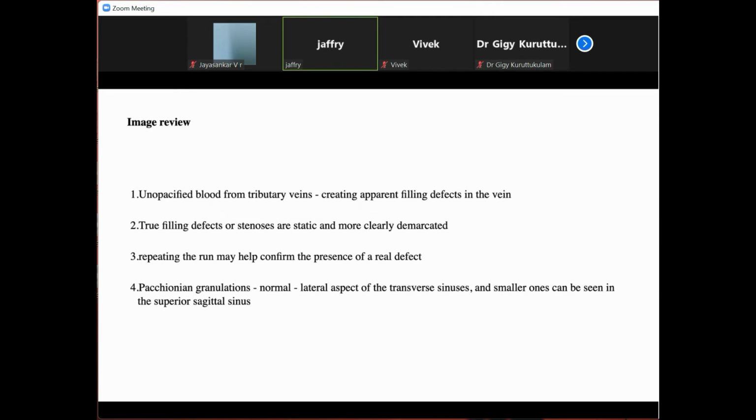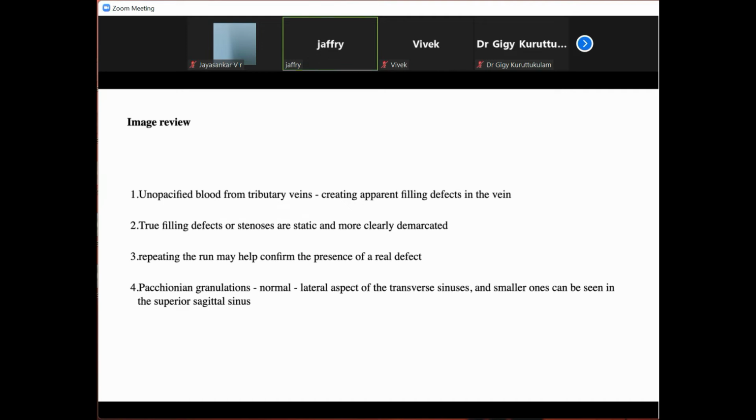So while changing frame to frame, we can clearly demarcate true filling defects compared to the false filling defects of unopacified blood from the tributary veins. Repeating the run may help confirm the presence of a real defect. Once we do the injection, keep the image for 2-3 frames, and we can identify the real defect. It is a regular practice which we do.